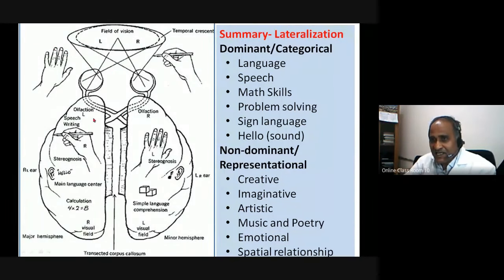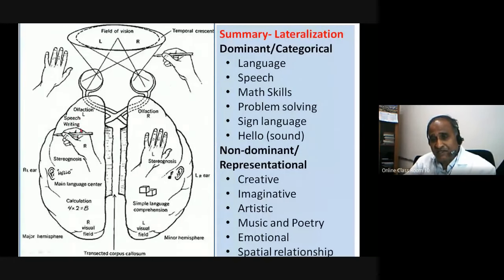First we will say the left hemisphere. This is the left hemisphere, the major hemisphere. So now what is happening? This image is formed here. The writing, the speech. It has a great speech center, and the speech is dominant here.